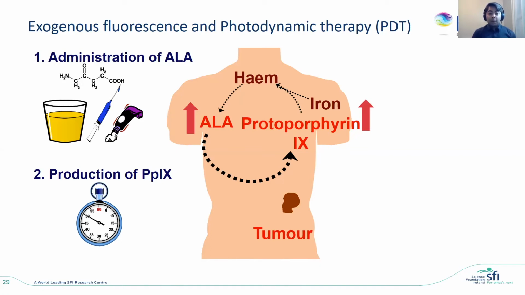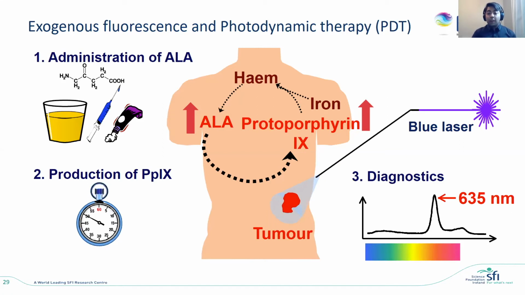Protoporphyrin IX has a strong red fluorescence, so that when we illuminate the tumor with a blue laser, for example, it will shine in red. So for diagnostics, if we want to locate the tumor, we will probe for a specific peak at the wavelength of 635 nanometers. This is where we have the red emission of fluorescence.